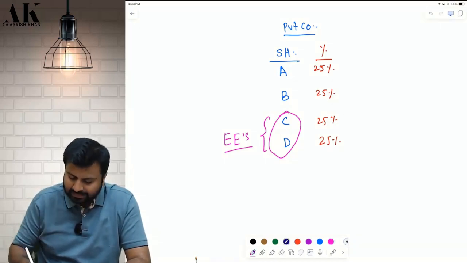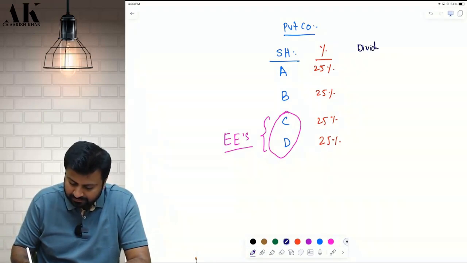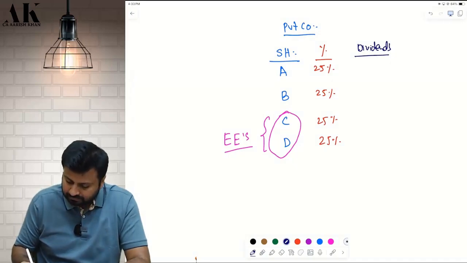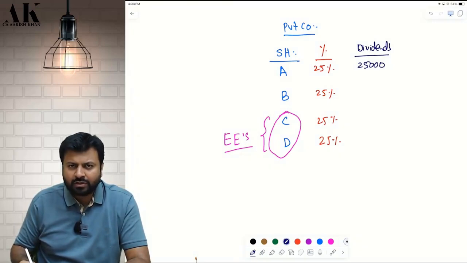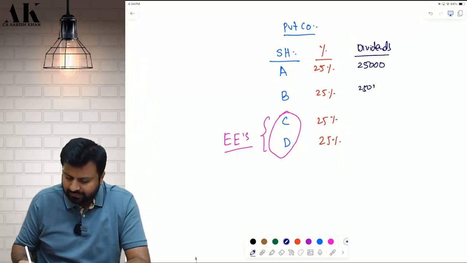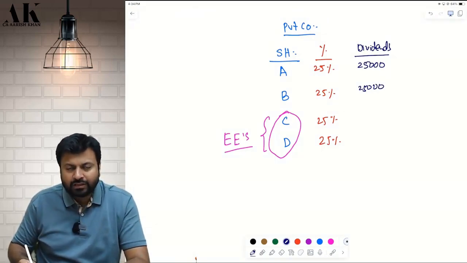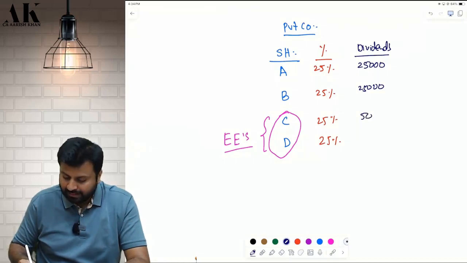Now, the time has come to pay them dividends. So, I am paying 25,000 to the first person. How much dividend should I pay to the other 3? Same amount. So, I am paying 25,000 to the second person also. But to the third person, I am paying only 5,000, and 5,000 to the fourth person.